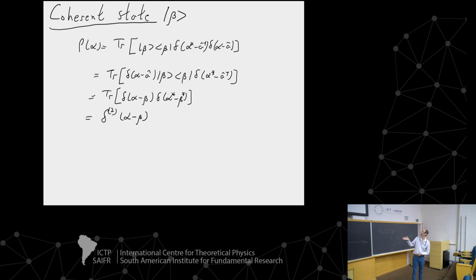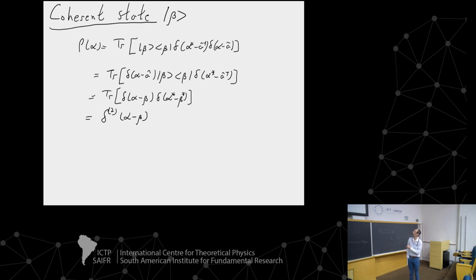Okay. Let's see something different. Let's look at what happens for a coherent state. And here is another way of doing the evaluation, by taking the trace. I didn't go into the dirty details of the proof. I leave that for you to read in the Scully and Zubairy book.